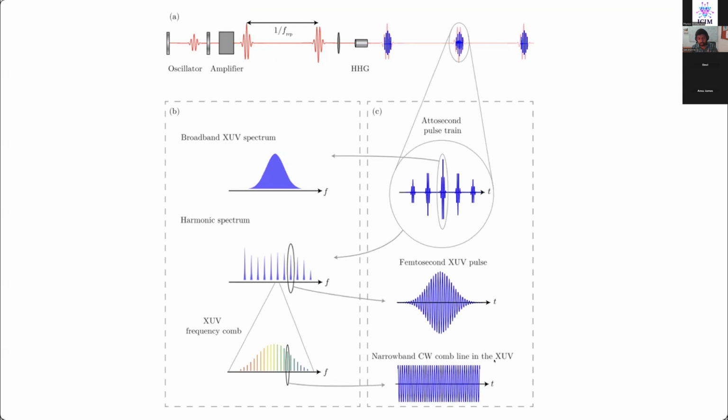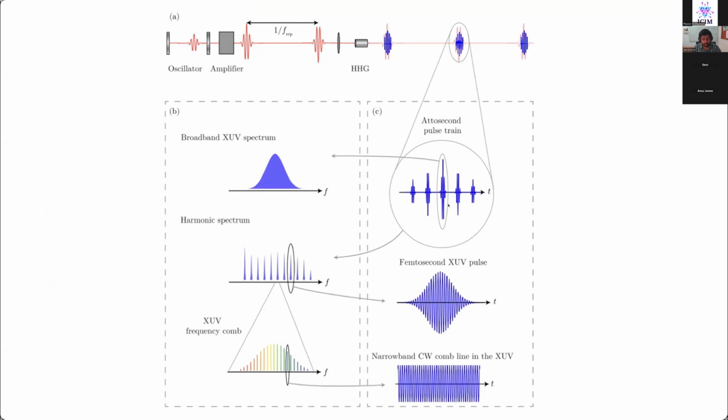So the problem is that it's a bunch of things that you get. You started to generate attosecond pulses, but if you can advance technologically a bit more, you can get a continuous laser like the normal helium neon laser that you have in the laboratory, and then you have a femtosecond XUV laser, and then you have attosecond pulses.